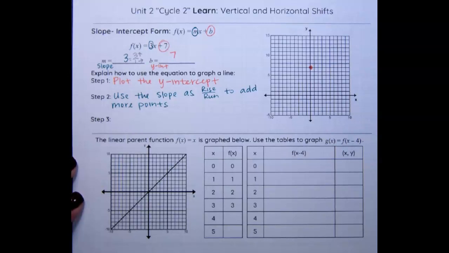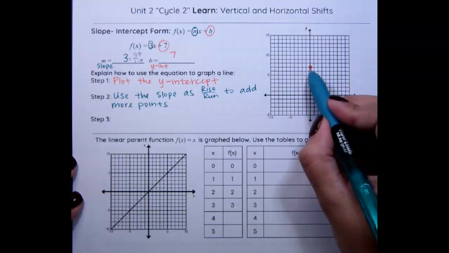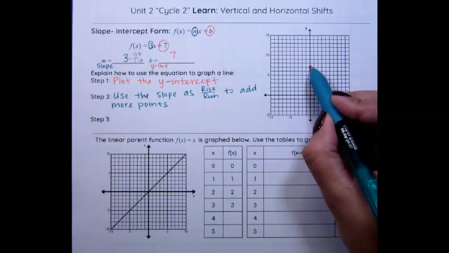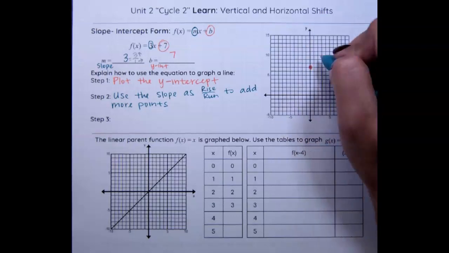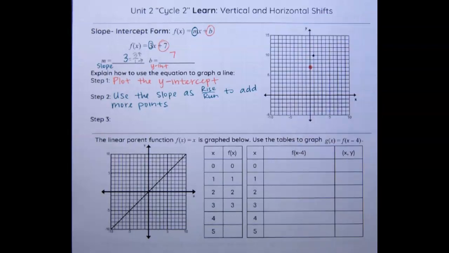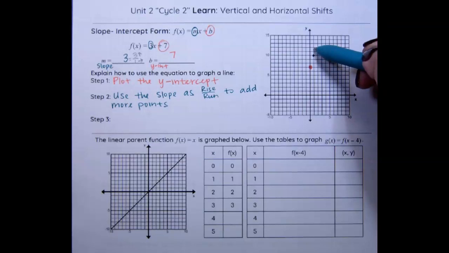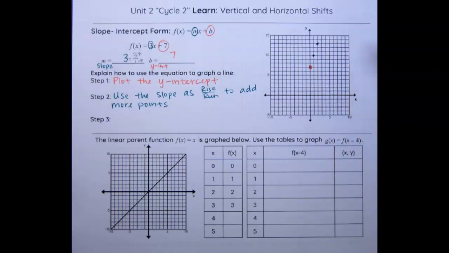So I'm going to go up 3, right 1 from the y-intercept because that's the only point that I have on my graph so far. So up 3 over 1. And I'm going to do it again. Up 3 over 1. Now, I can't go up 3 and over 1 anymore because I only have 2 spaces.